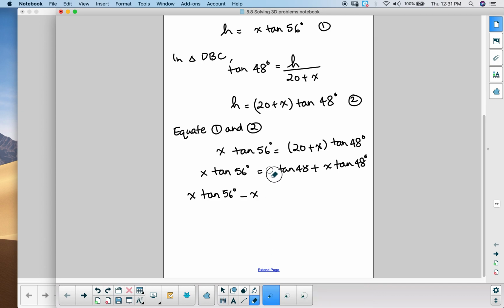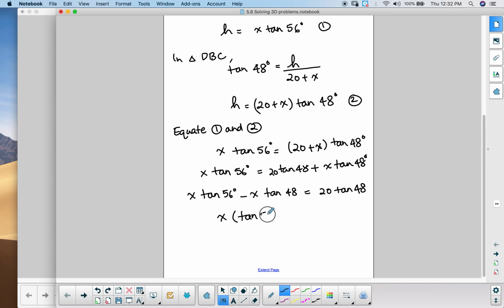So then in this step we have 20 times tan 48, 20 plus X times tan 48. So X times tan 56 minus X times tan of 48 equals 20 times tan 48. So X, factoring X out over here, tan of 56 minus tan of 48 degrees equals 20 times tan 48.